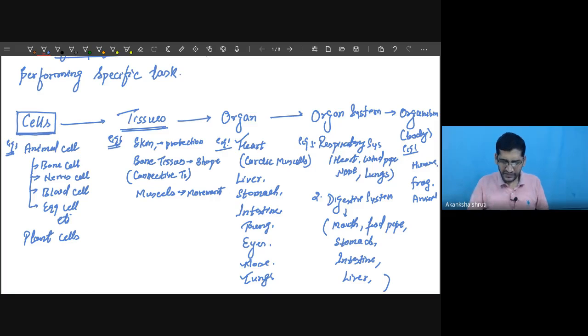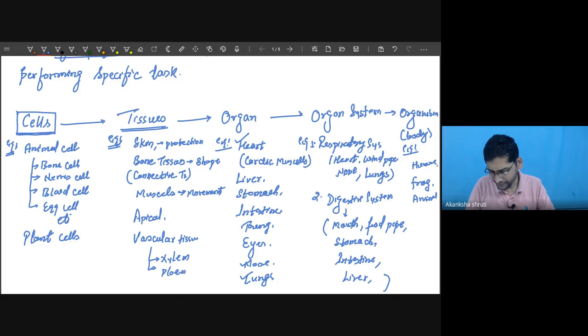Another one is for carrying water in the plant, called vascular tissues. For example, for carrying water and food, the plant has xylem and phloem.